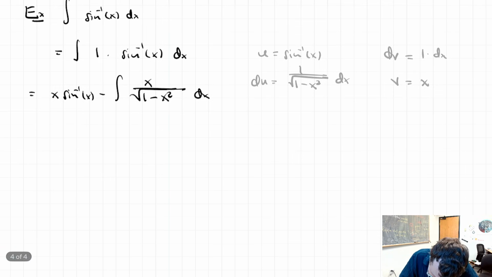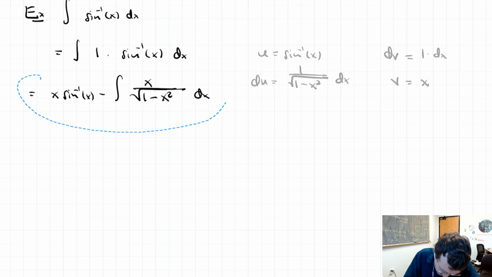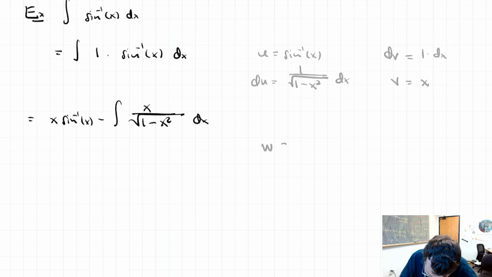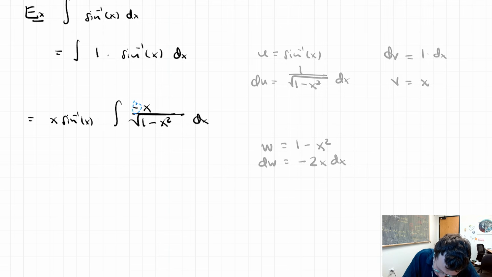I'm going to use w instead of u, because I've already used u. So I'm going to set w equal to 1 minus x squared, which means dw is minus 2x dx. I'm going to bring this minus sign inside the integral.